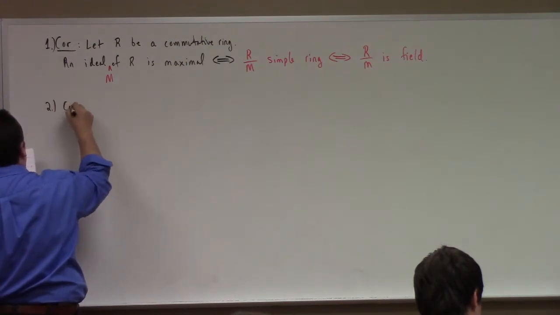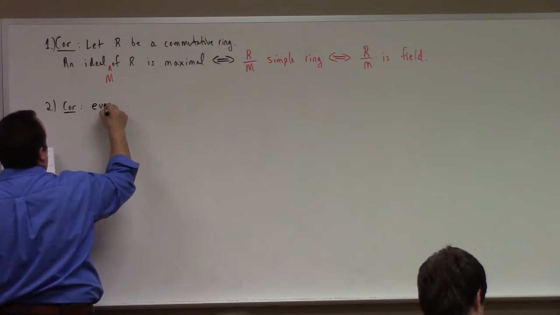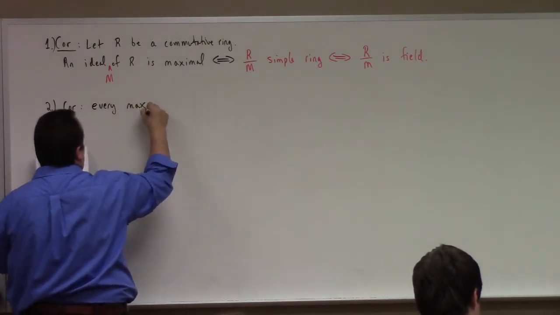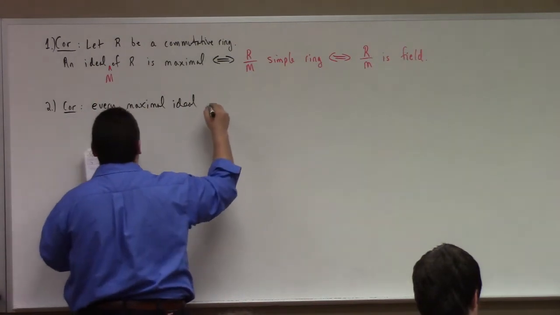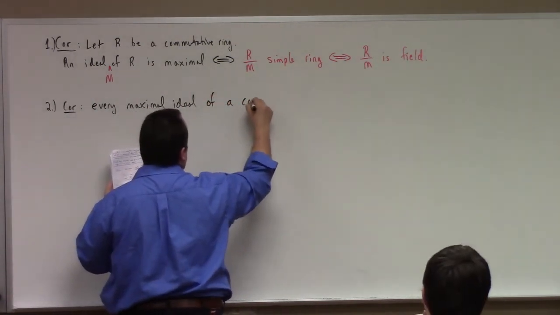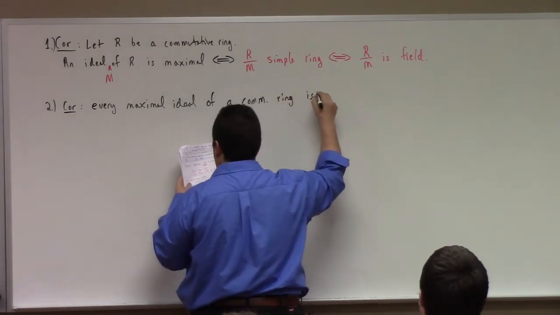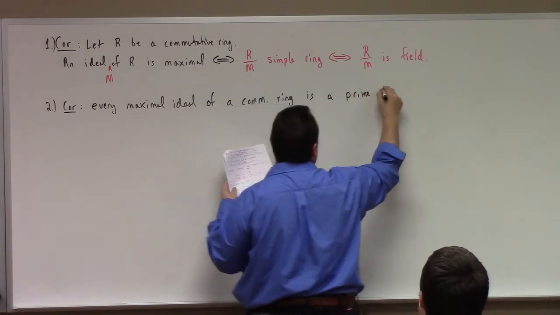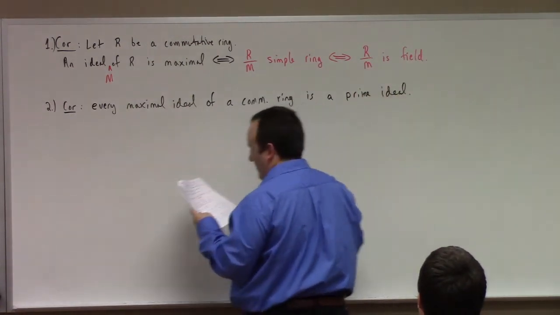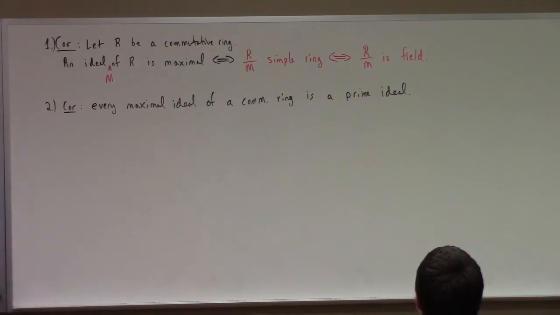Corollary 2 states the following. Every maximal ideal of a commutative ring is a prime ideal. Why would that be?